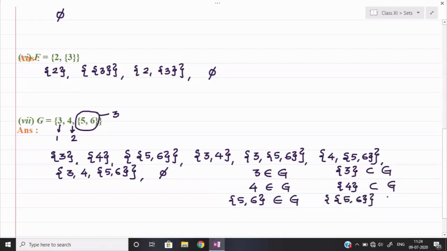Then only we can write this one as a subset of G. If I suppose write only {5, 6} and say it is a subset of G, that will be a false relation. Remember, this is a false relation. So here one thing you need to remember: how to write an element and a subset in relation to a given set.